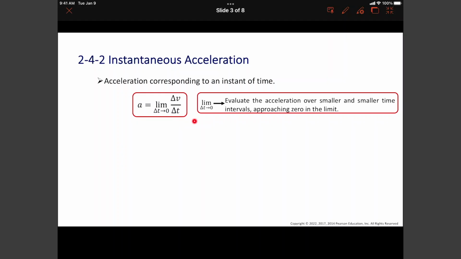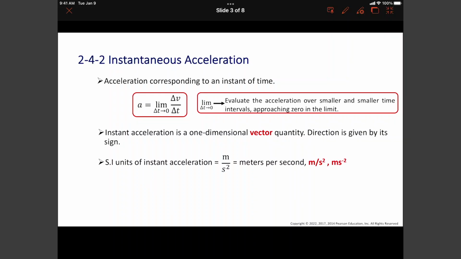Again, delta t goes to 0 means evaluating the acceleration over smaller and smaller time intervals approaching 0 in the limit. As you might expect, instantaneous acceleration is a vector just like the average acceleration, and its direction in one dimension is given by its sign.